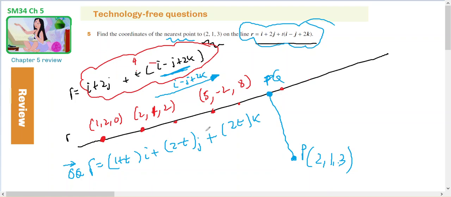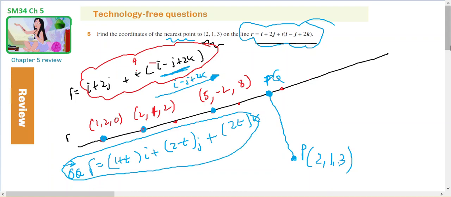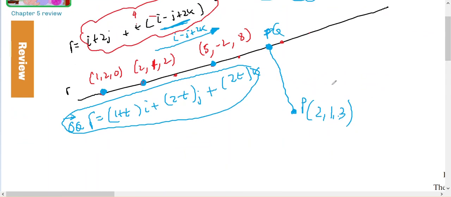From position O to position Q is this rule, and it's dependent upon t. When t is 0, point Q is here. When t is 1, point Q is here. When t is 4, point Q is here. When t is unknown, then point Q is determined by this rule. Okay, so that's the rule for O to Q.